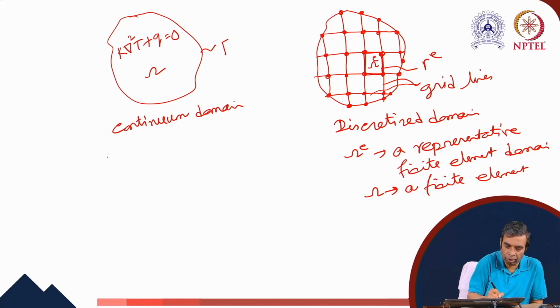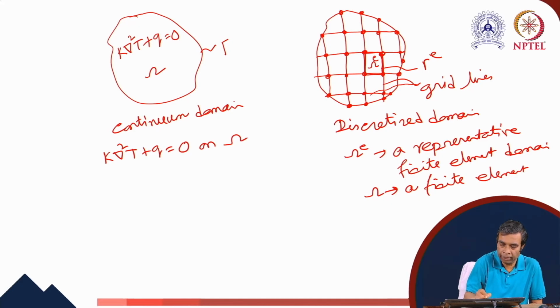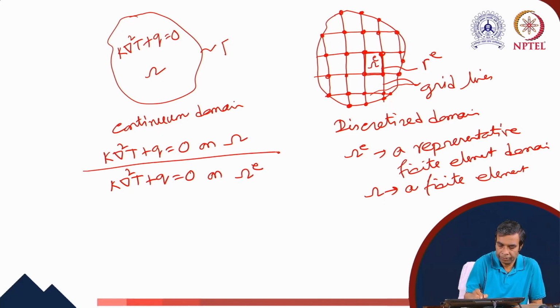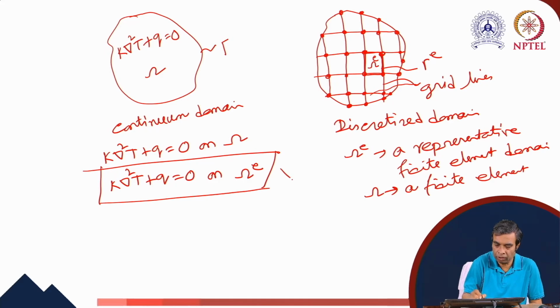Now the strong form, k del square t plus q equals to 0 on omega, is not valid on omega e. This second statement is not valid.